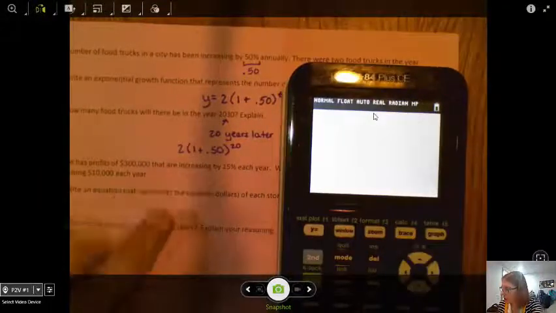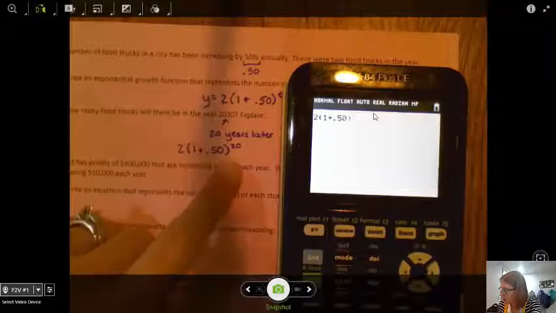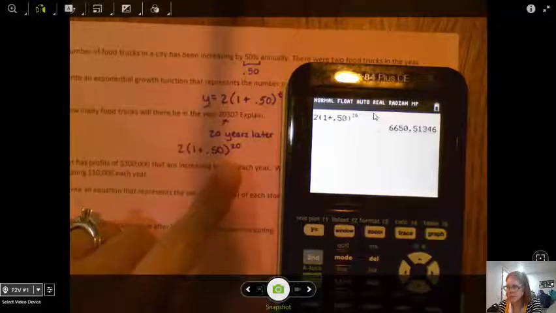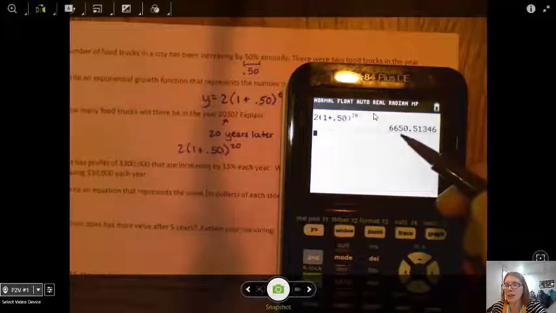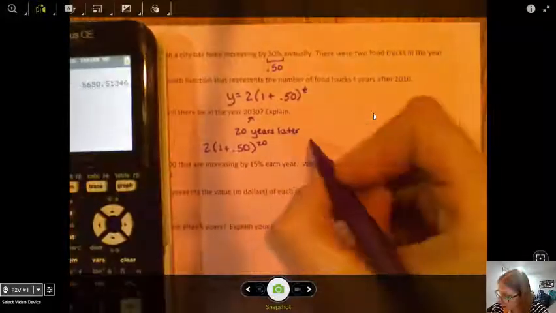And then type this equation in your calculator. 2 times 1 plus 0.5 to the 20th power. And it looks like there's 6,650.5 food trucks.